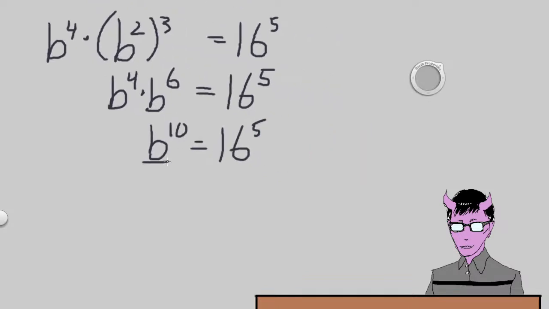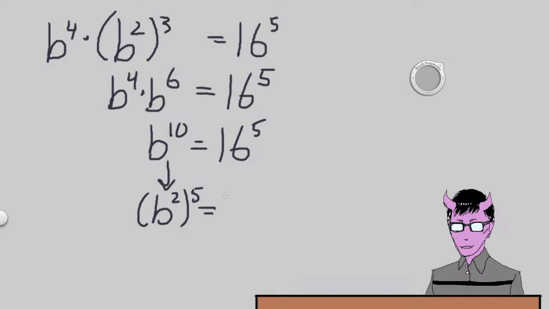Take a step back. We can't match the bases because we don't know what this is, but we can try to match the exponents. This is exponent 5. This is exponent 10. 10 is not coincidentally 2 times 5. So thus we can split this. Using exponential tricks, we have b squared on the inside raised to the power of 5, because again 5 times 2 gives us 10.